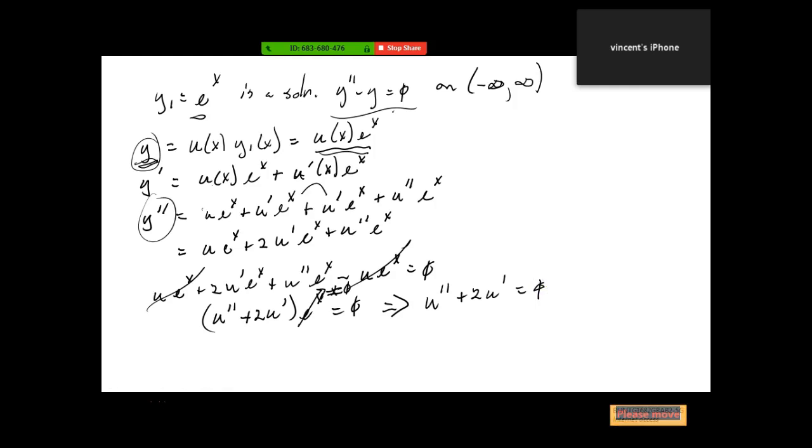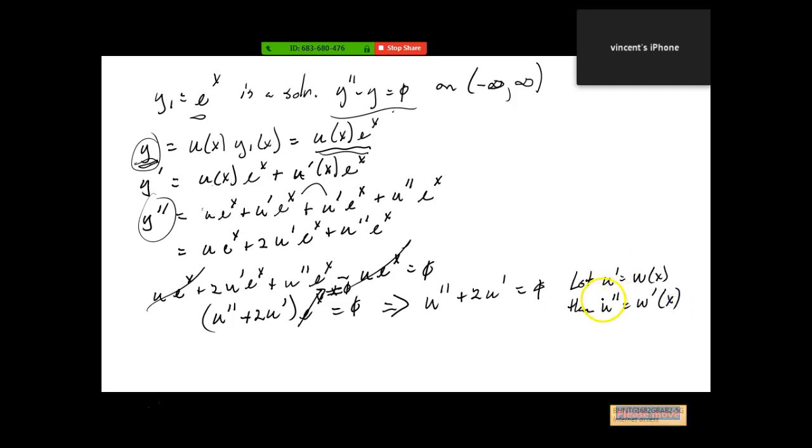Now, since we lost our zeroth order term in our problem when these two went out, we can let u prime equal some new variable w of x. And if that's true, then u double prime is equal to w prime of x.